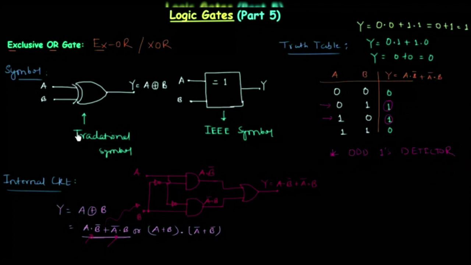And this point is very important because it will save you time in your exam. You don't have to worry about this expression. You only have to check whether you have an odd number of ones in input or not. When you have two inputs, it is easy to find the output by using this expression, but in a question, if you have 3, 4 or 5 inputs, it is better to use this property. So this is all for truth table.